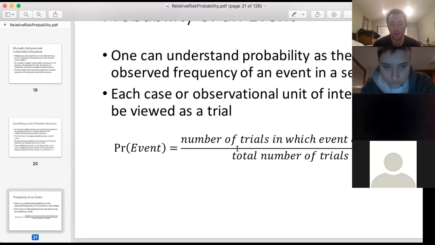In order to calculate the probability, we can take the number of trials in which the event did occur over the total number of trials. So for instance, say you didn't know whether the probability of flipping heads with a coin was 1/2. You could actually test that.